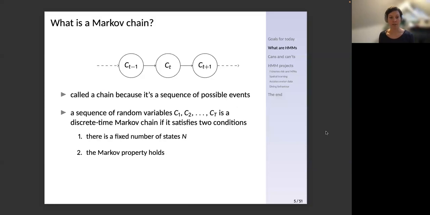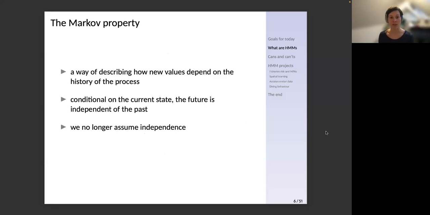A Markov chain, if you haven't come across this term before, is called a chain because it's a sequence of possible events. And a sequence of random variables is a discrete time Markov chain if it satisfies two conditions. Number one, there's a fixed number of states, and the Markov property holds. The Markov property is a way of describing how new values evolve, so how new values depend on the history of the process.